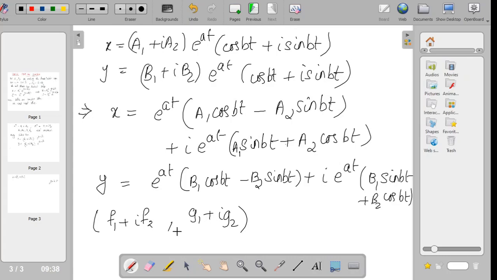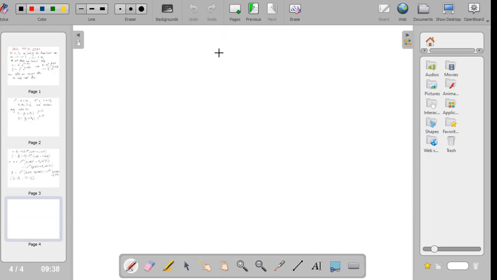The first solution is a complex function and the second solution is a complex function. Now it can be shown that this pair f1 plus i f2, g1 plus i g2 is a solution if and only if both the pairs are solutions. So the pair f1, g1 consisting of the real parts and the pair f2, g2 consisting of the imaginary parts must be solutions. We are not going into the proof of that.